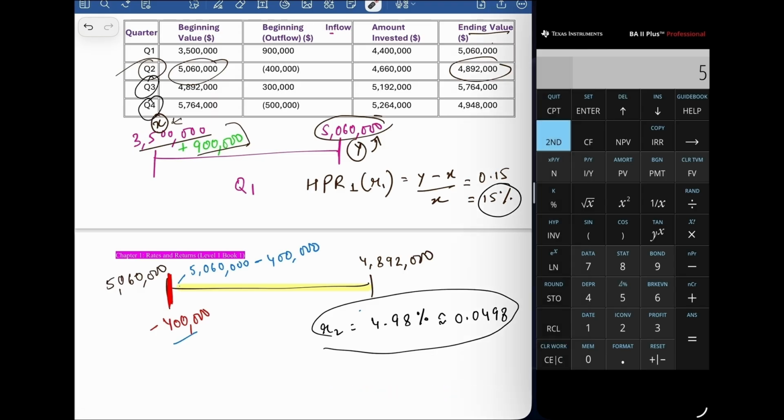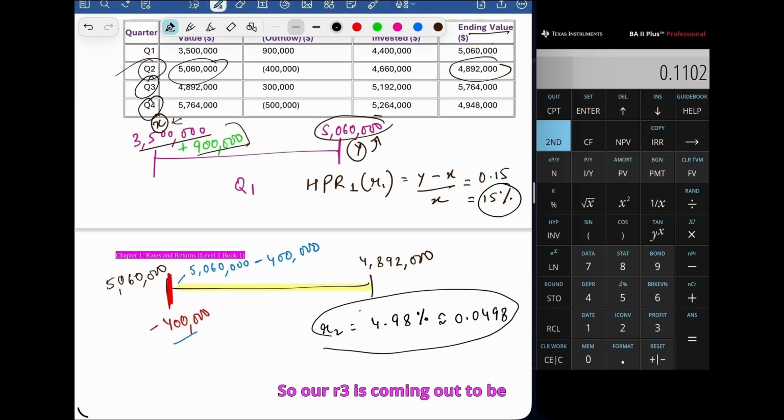So 5,764,000 minus 5,192,000 divided by 5,192,000. So now our R3 is coming out to be 0.1102, or you can say 11.02%.